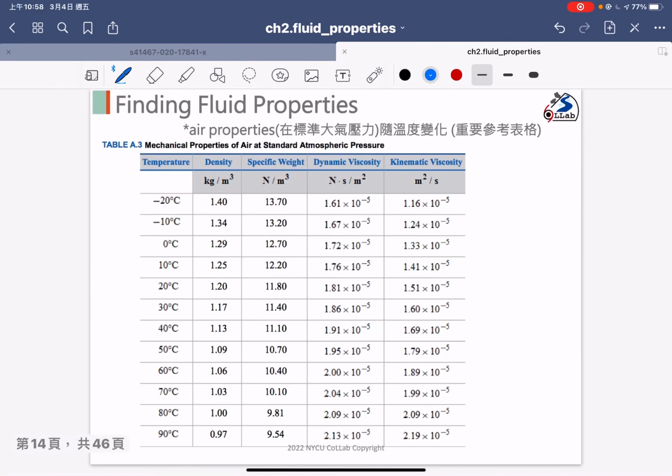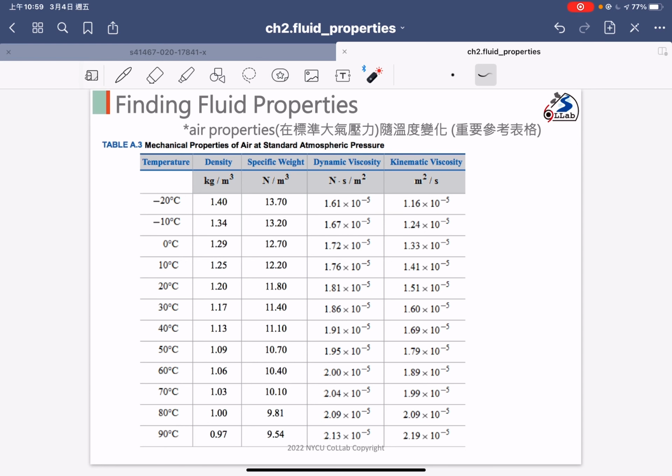Okay. And then this is a table listing the air properties, and you can see the different temperatures. As the temperature increases, the density decreases, and the specific weight also decreases. And the dynamic viscosity increases, and the kinematic viscosity also increases.